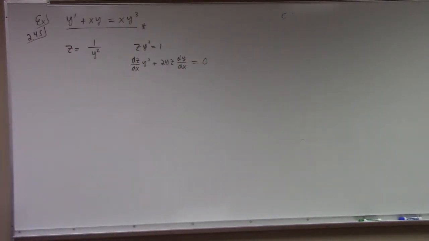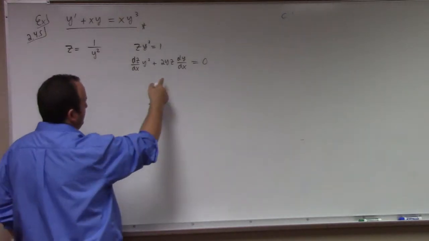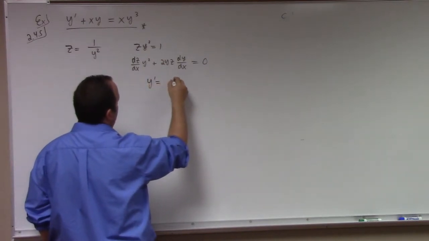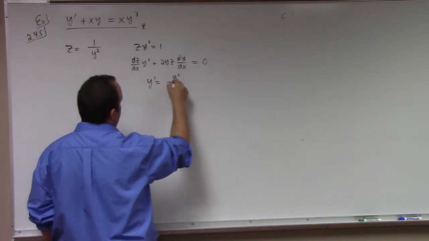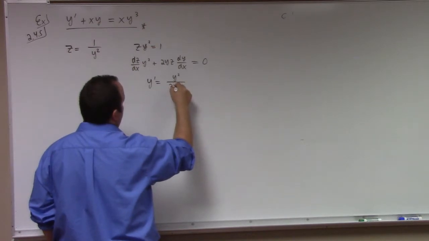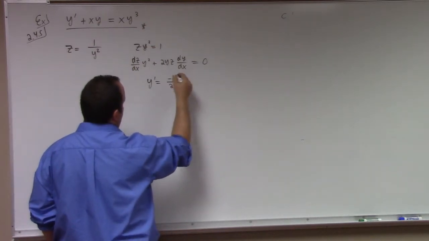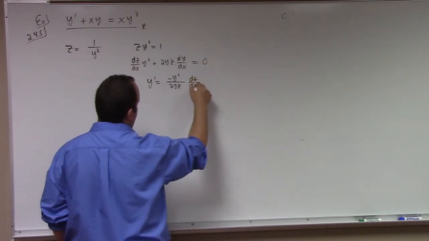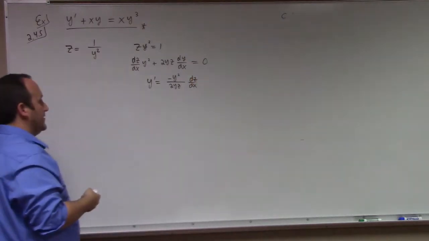So we could try plugging that into star and see what happens. This tells me that y prime is actually equal to minus y squared divided by 2yz, because I had to move it to the other side, times dz dx, which you could write as z prime if you wanted.